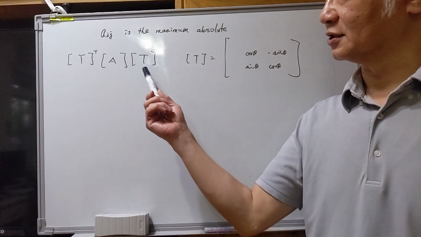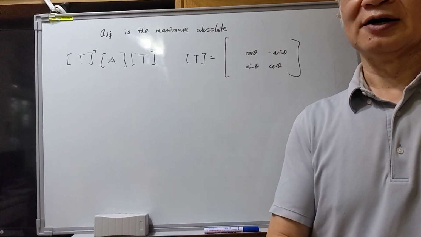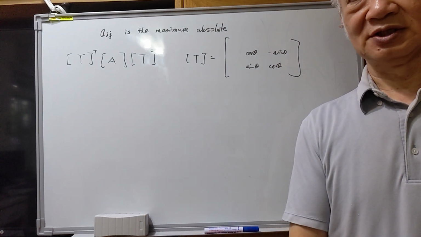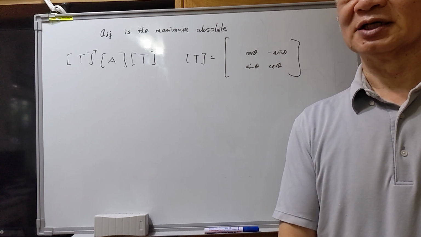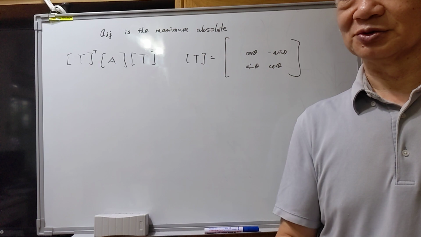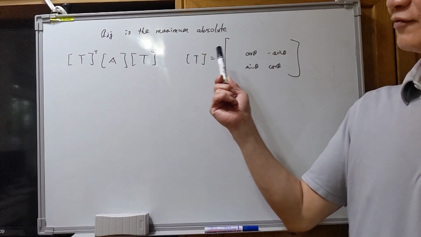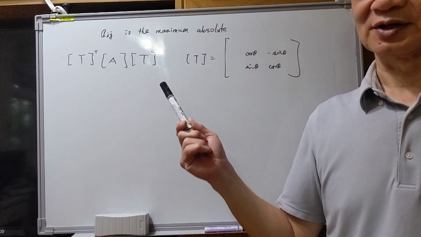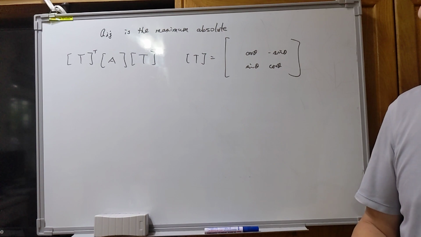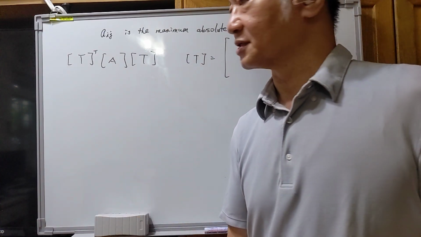After we multiply the T matrix, we like to use the new vector components, Ai prime and Aj prime. So you can say we need to multiply the R transpose. However, in this course, I will call this one the T matrix. It is only the name of a matrix.